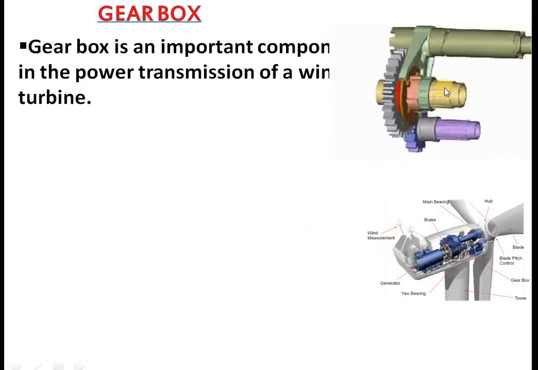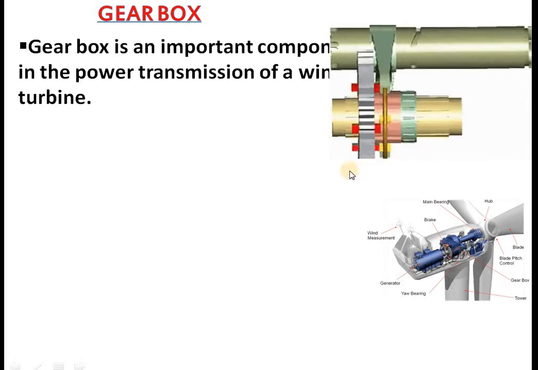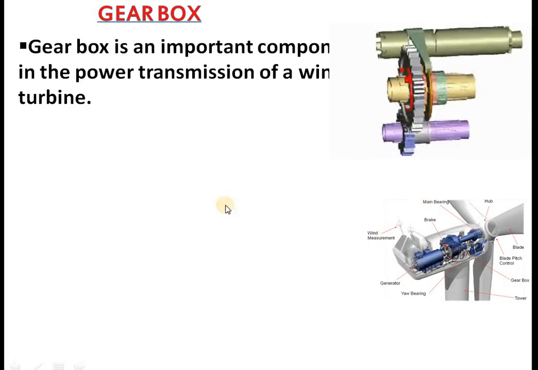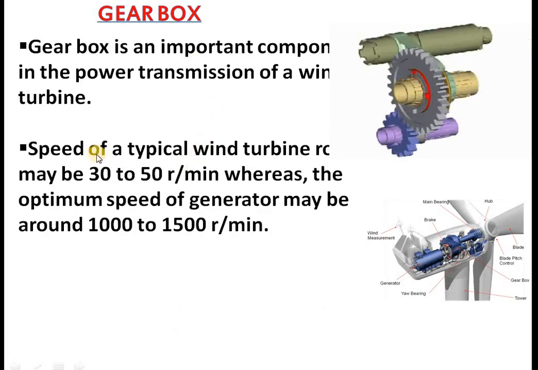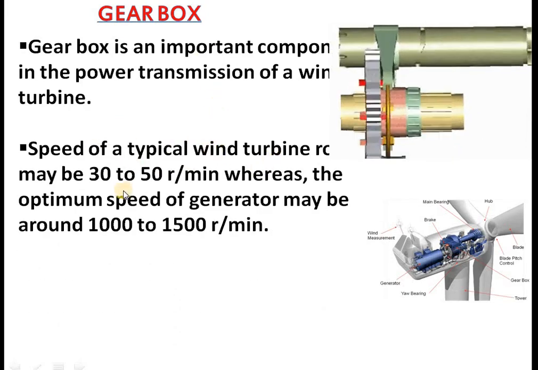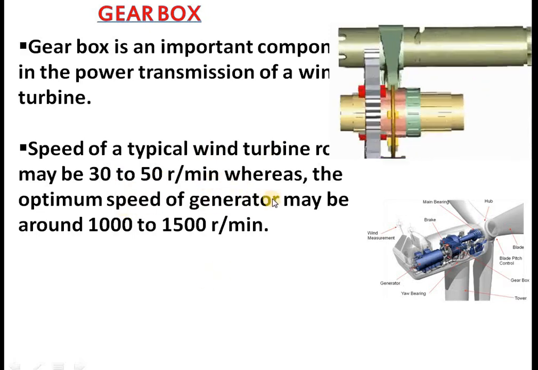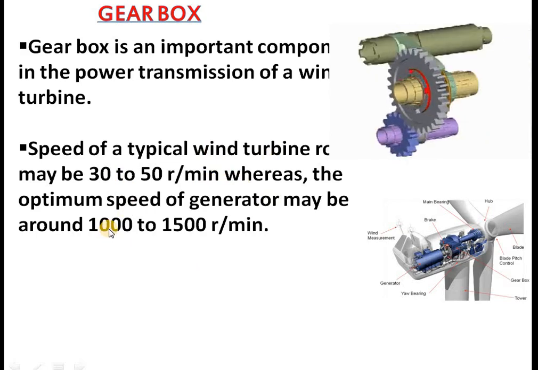That is animated here. In the animation, you can see how a low rotation is converted to a high rotation. The gearbox is an important component in the power transmission of a wind turbine. The speed of a typical wind turbine is around 30 to 50 rotations per minute, whereas the generator should rotate at 1000 to 1500 rotations per minute.